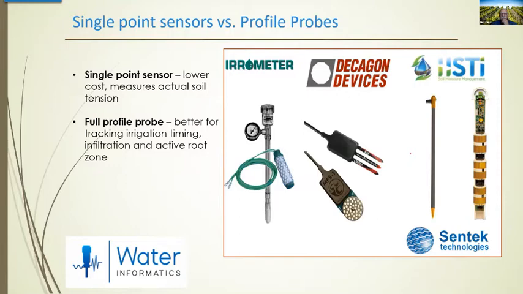And you can look at Decagon. Again, they've got these one point sensors. And then you look off to the far right and you see full profile sensors. The sensor on the left is a newer type. The old one off to the right is the classic old sensor. You can see the top of it. It's an SDI 12 board.